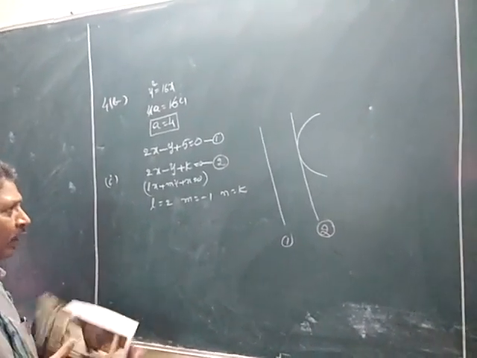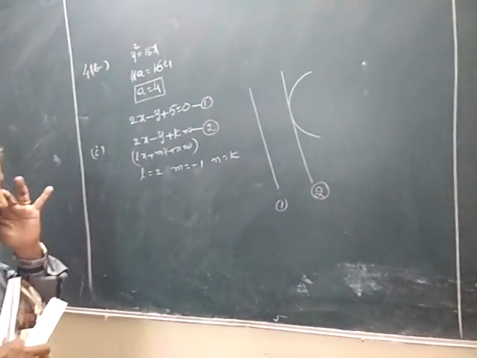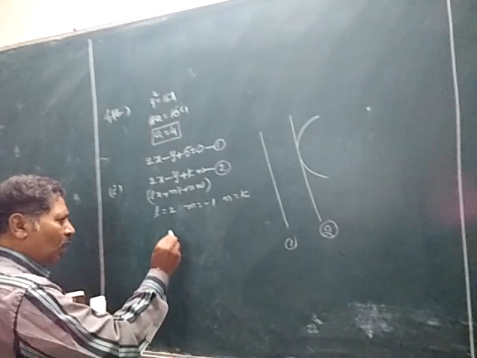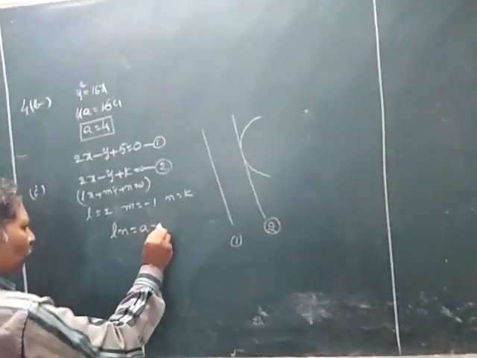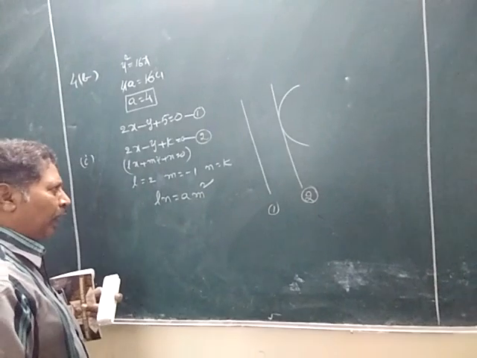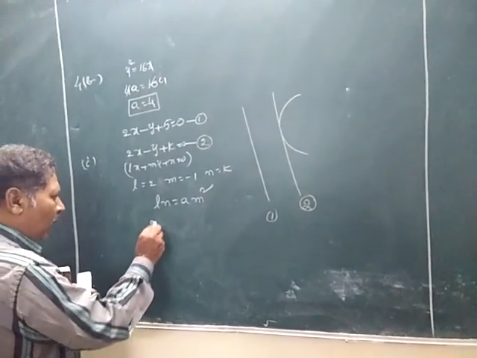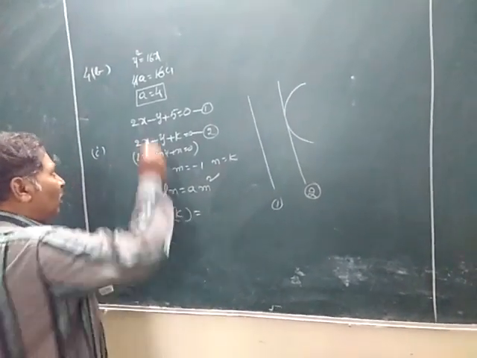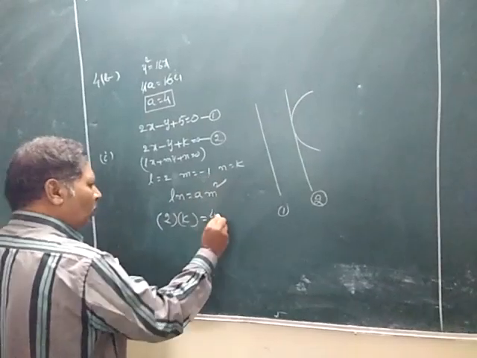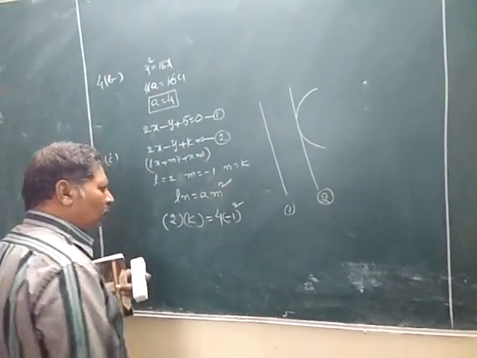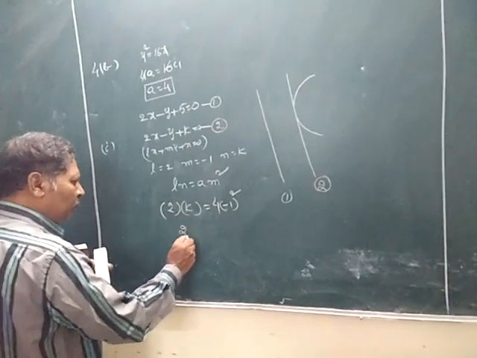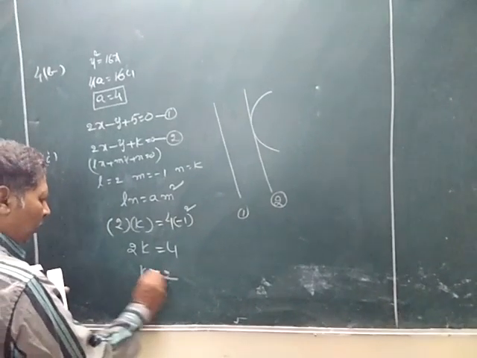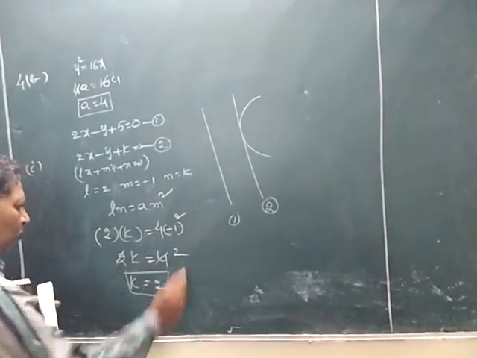Tangent condition is ln equal to am square. L value 2, n value k, a value 4, m value minus 1 whole square. 2k equal to 4, k value 2.